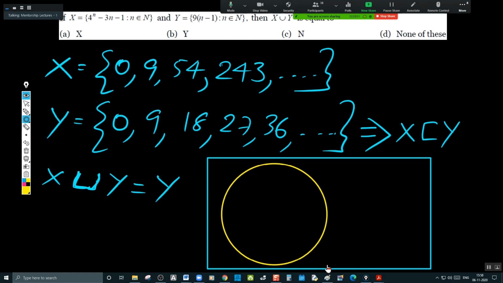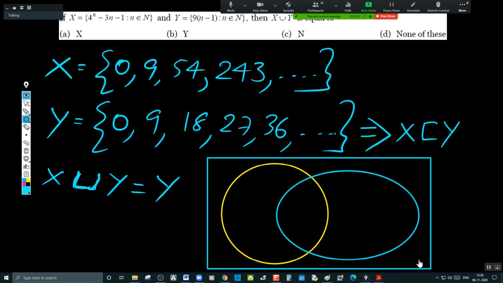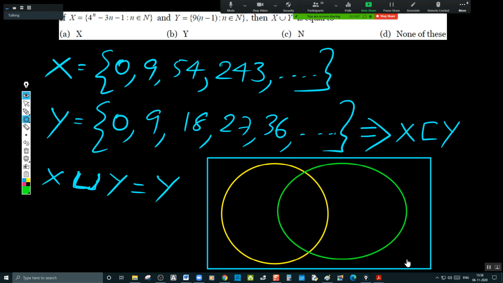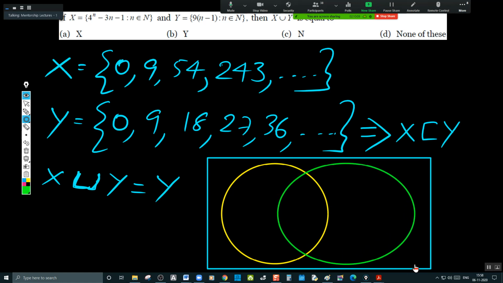Let me say this is X. And let me say this is Y. Let me change the color. If I say like this, X goes out of Y, but here X is inside Y. So this is not the correct diagram.